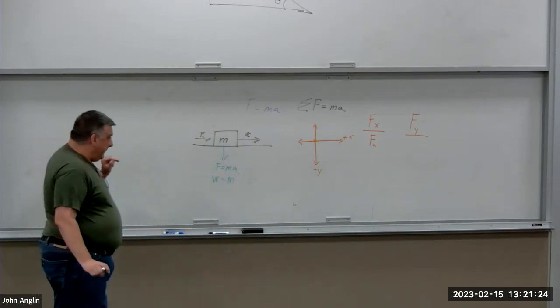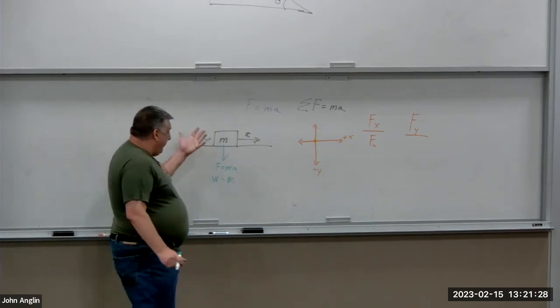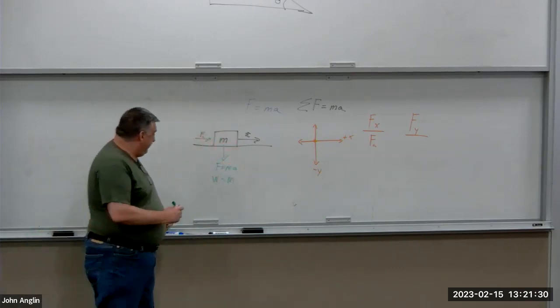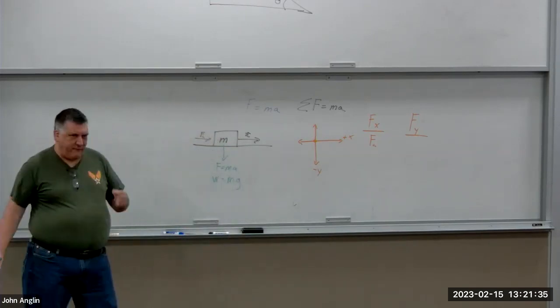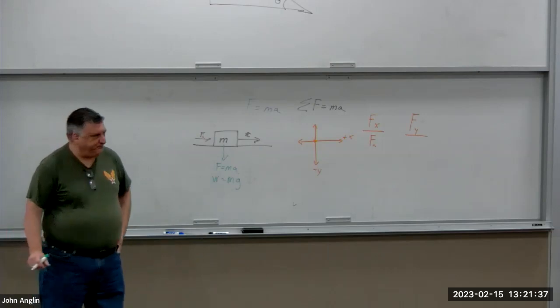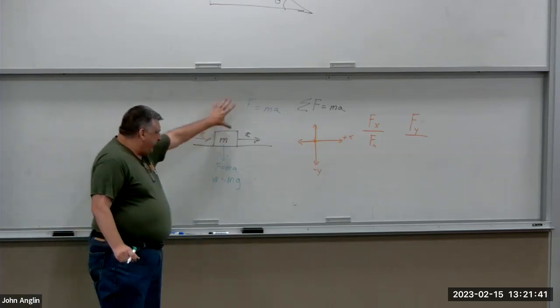So what is causing the box, if anything, to accelerate in the Y direction? The negative Y direction, that's our gravity, right? So that's our acceleration due to gravity. So our force is W equals mg. Newton's second law lets me do this pretty easily.